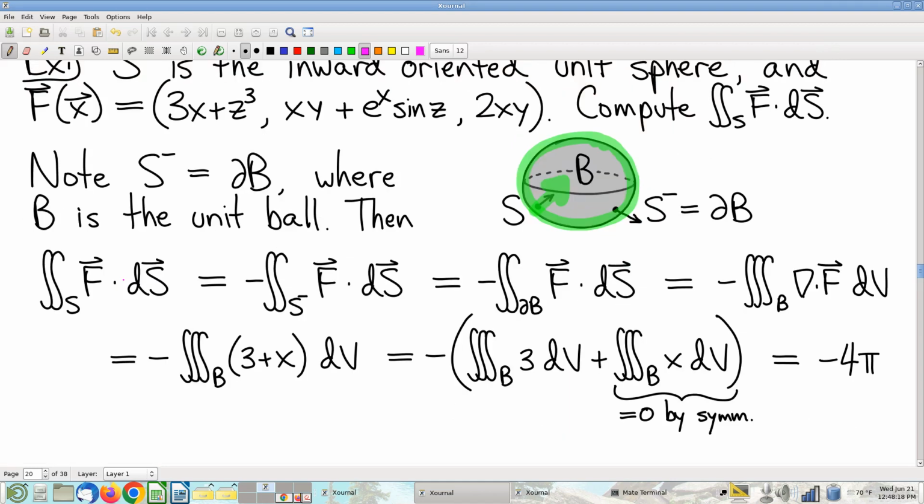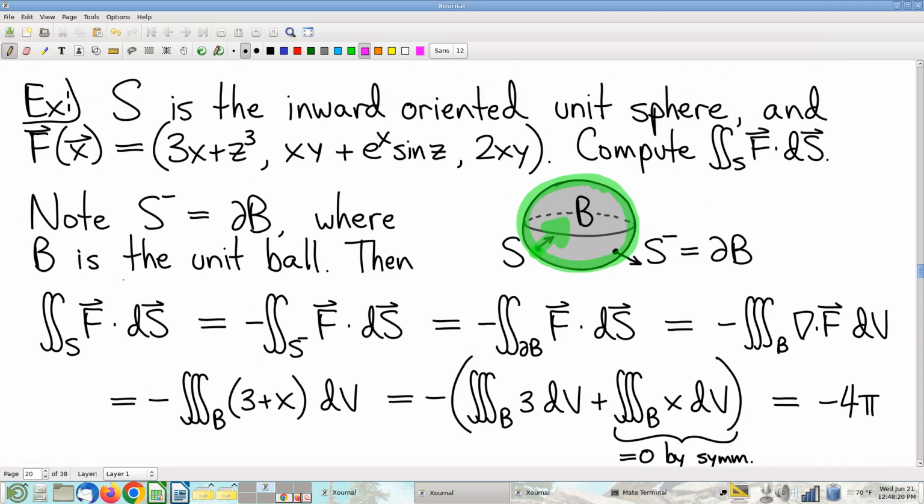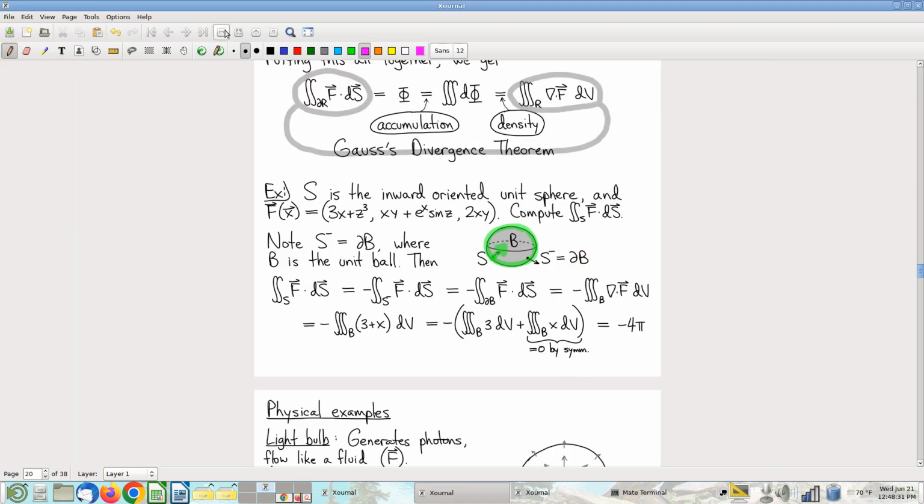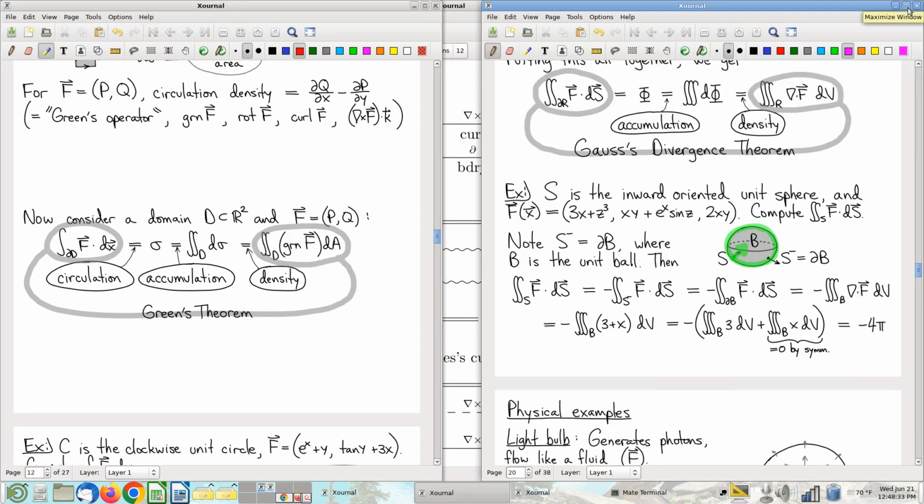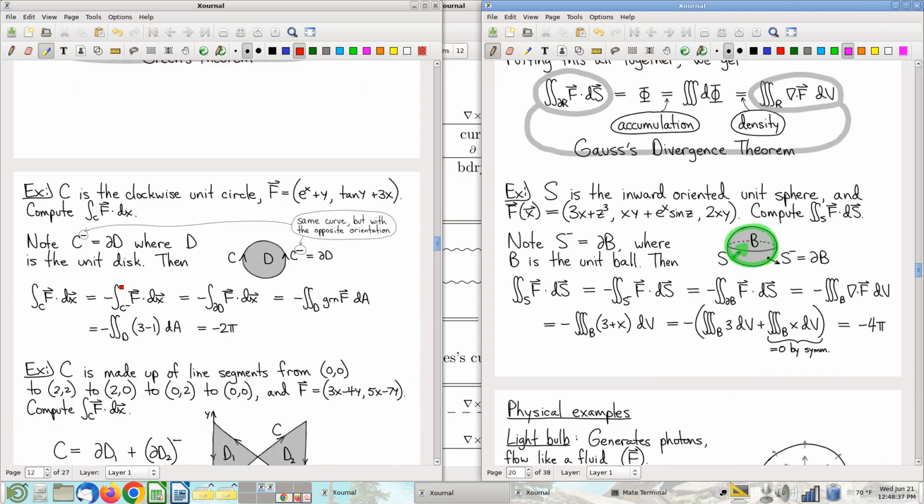And as written here, our surface is not a boundary. It doesn't follow the rules with orientation. It's not going the right way. Now, flashback. Flashing back to when we were doing Green's theorem, our very first time with Green's theorem, we had a curve that was oriented the wrong way and therefore was not a boundary.